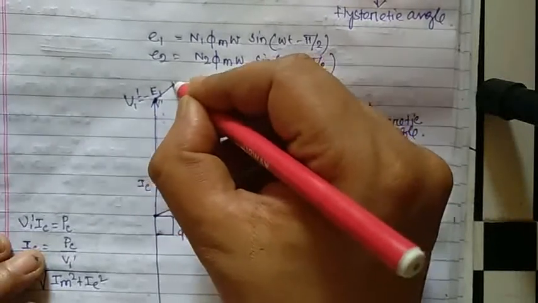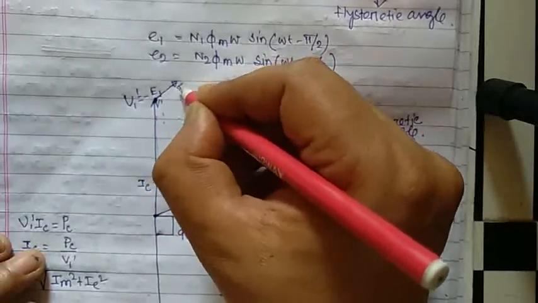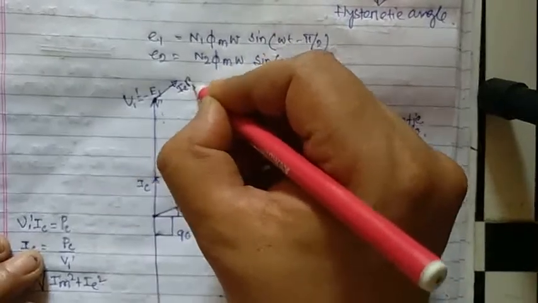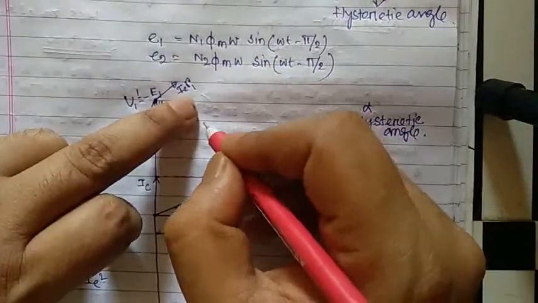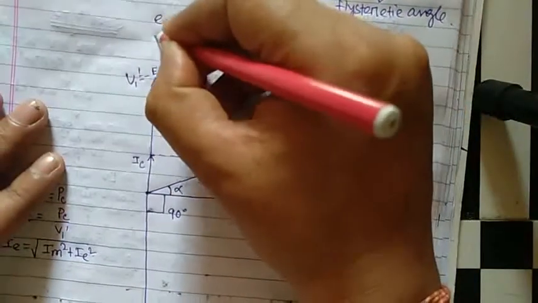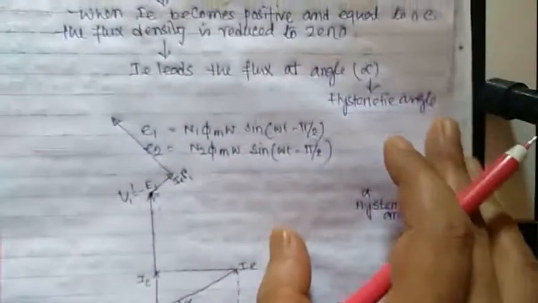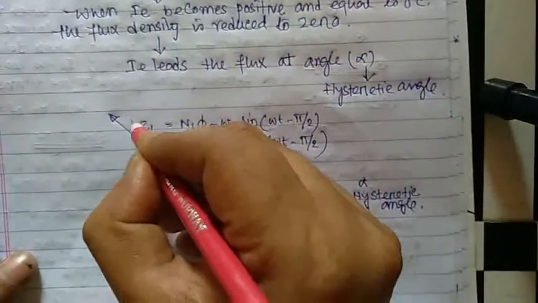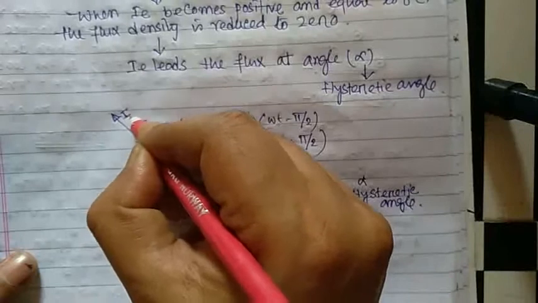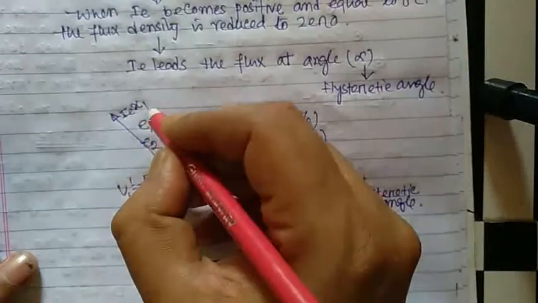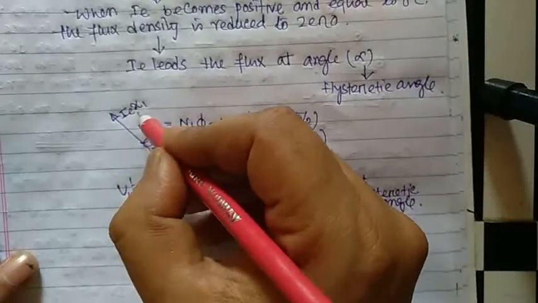Suppose this is IE R1. R1 is the primary side resistive drop. Now from this, 90 degrees apart, is IE X1. X1 is the primary circuit reactance.